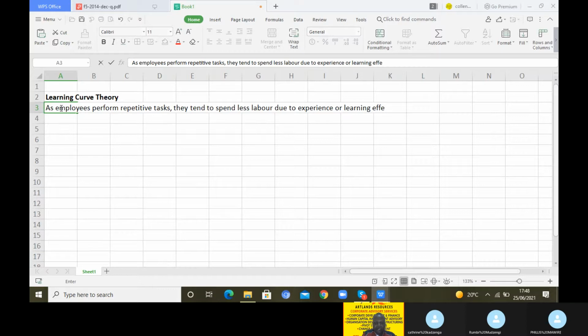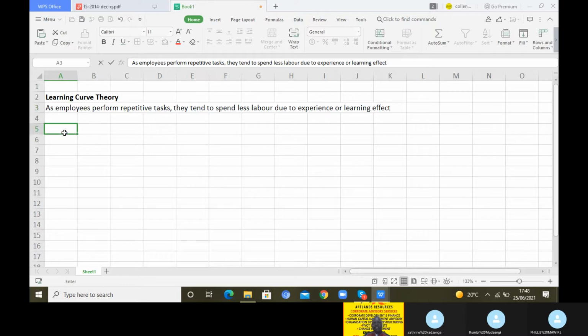Learning effect. And this is what we can relate. If I'm doing the same task over and over and over again, I tend to be more experienced and spend less labor time. You know that.